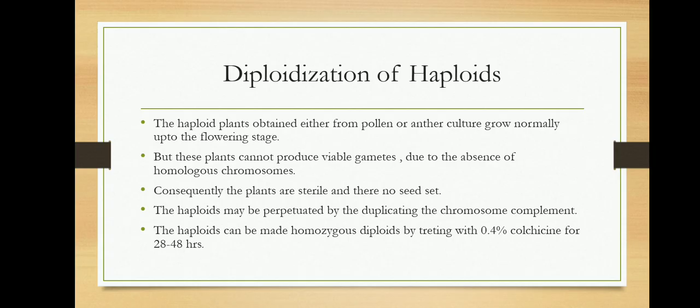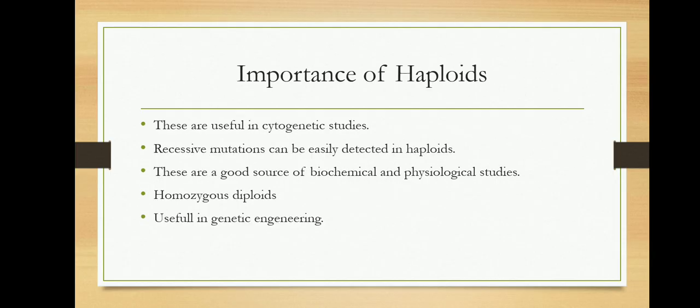After treating with 0.4% colchicine, chromosome duplication will occur in the haploid plants, and they will change into diploid plants. This is about the diploidization of haploids.